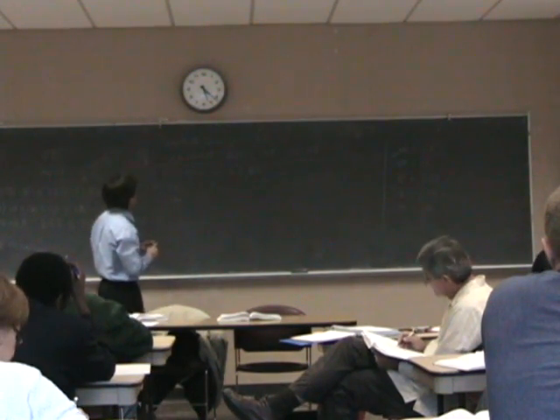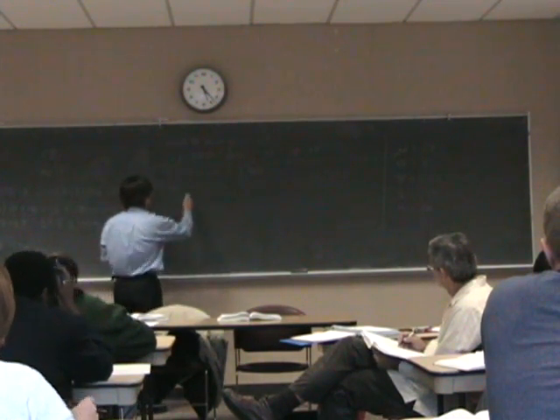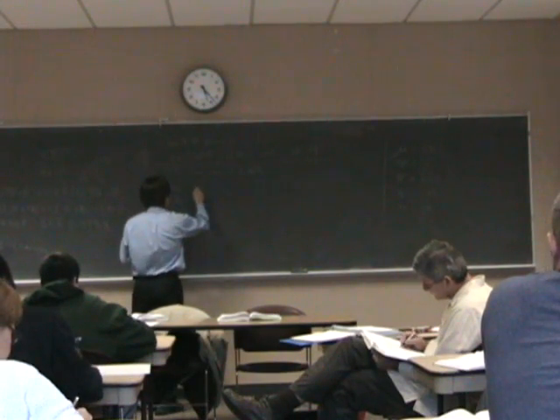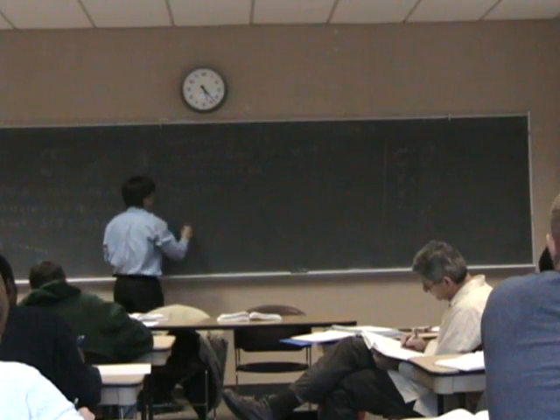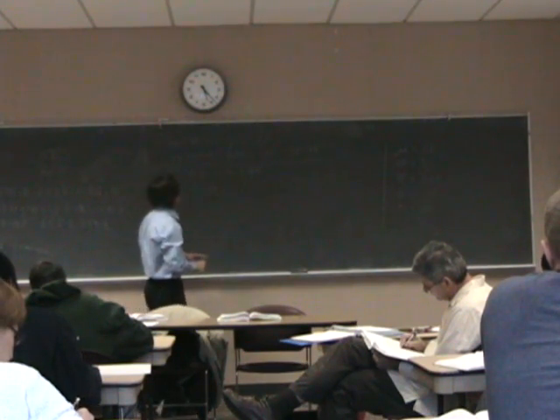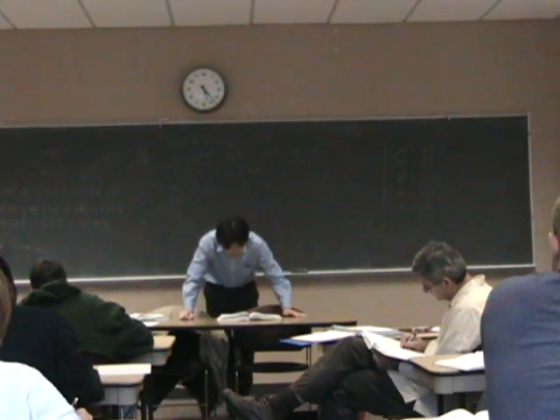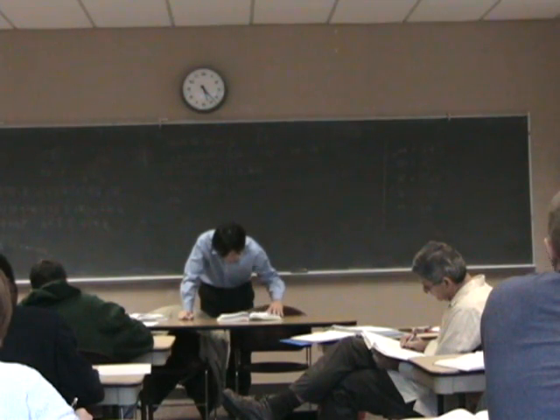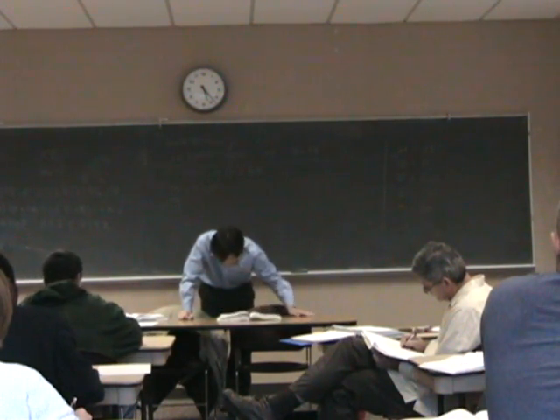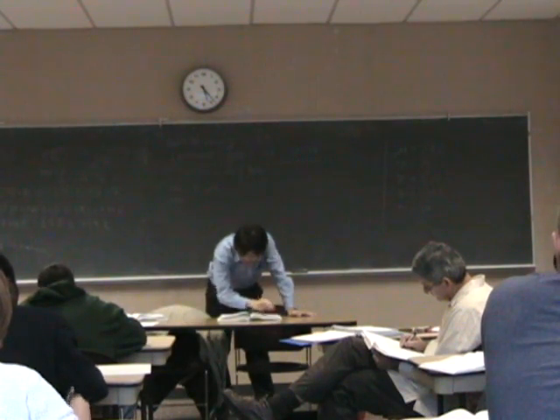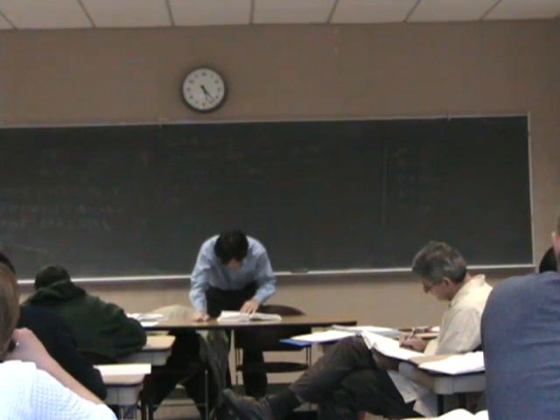H0 always says they are equal. For the alternative, you must check different, greater, or less than.